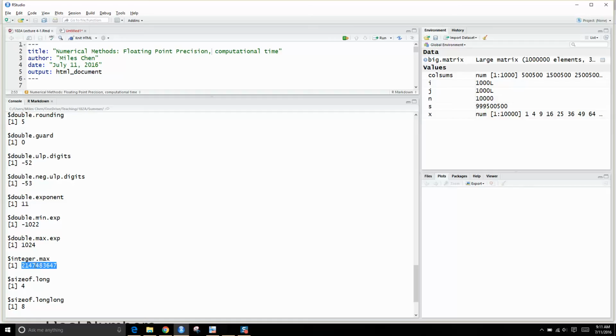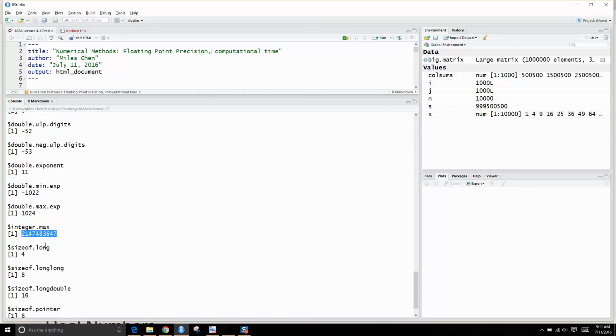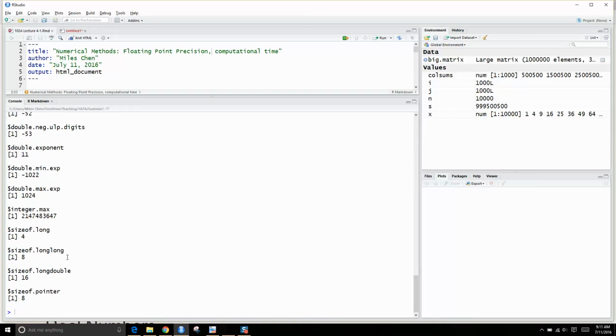This is the largest integer that my machine can represent. Anything larger than this, the computer can't represent. So if I need an integer bigger than this value, I'm out of luck, at least with the number of bits that my computer uses.